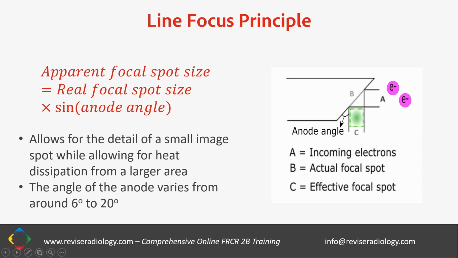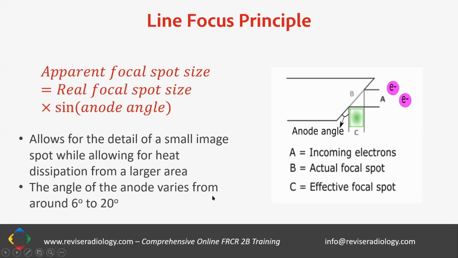The actual focal spot size on the anode is large so that the heat is dissipated well, but the effective focal spot size, which produces the X-rays, is smaller. The apparent focal spot size is equal to the real or effective focal spot size multiplied by the sine of the anode angle. You can see in the image on the right here. That image isn't made very well. That C area should be smaller than the A area, basically.